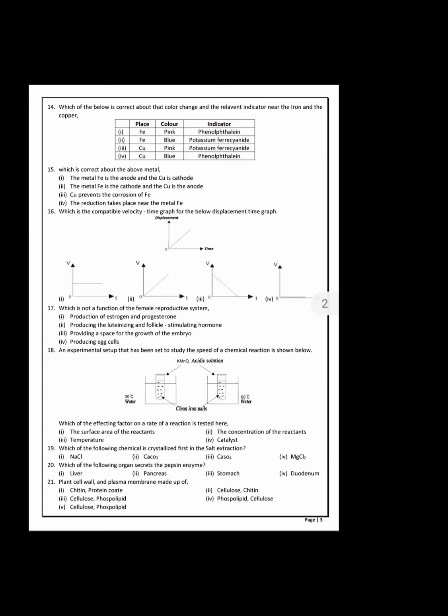Number 14. Iron, ferrous ion, Fe2+, and Fe3+, which is a ferric ion.